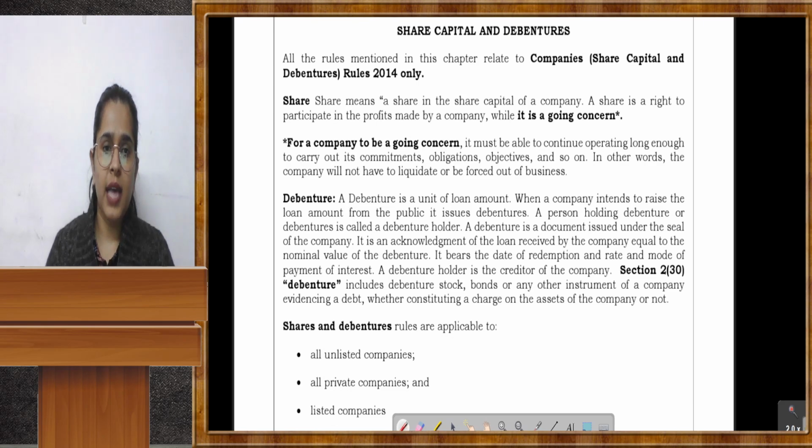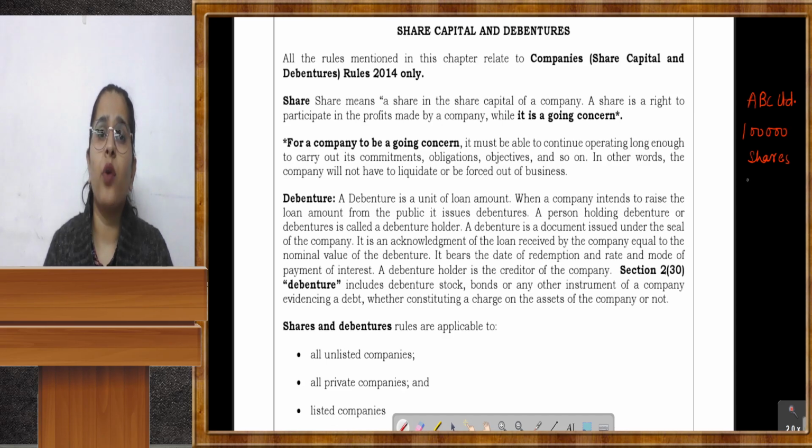Just for your example purpose, let me tell you. Let's say there is ABC Limited, right? ABC Limited has 1 lakh shares in total, and out of this 1 lakh, I have purchased 10,000 shares.